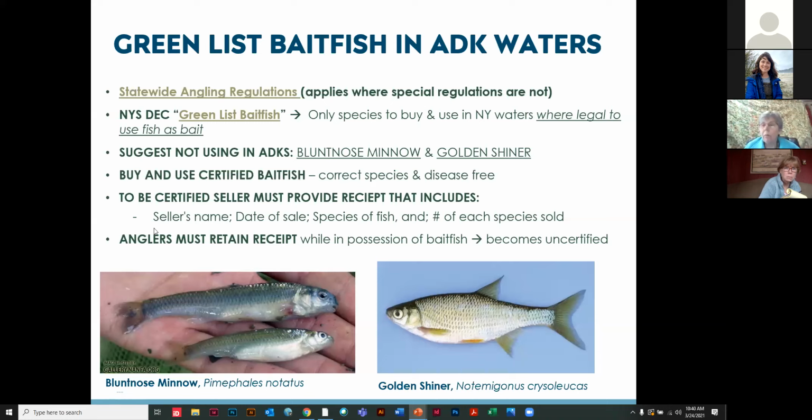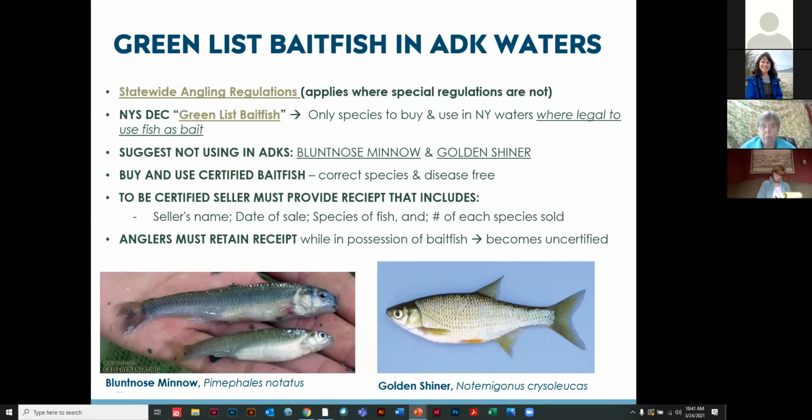And to be certified, when you're buying your bait and you're coming up for your fishing trip, you know where you're going to go, the seller must provide a receipt that includes the following. You need to carry this receipt while you're fishing: the seller's name, the date of sale, the species of fish, and the number of each species sold.